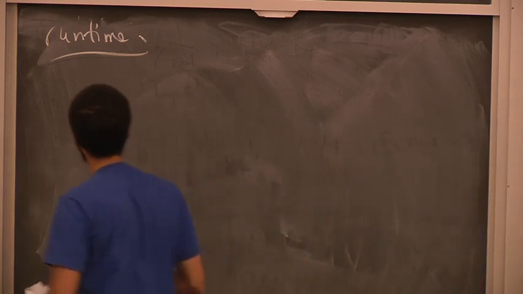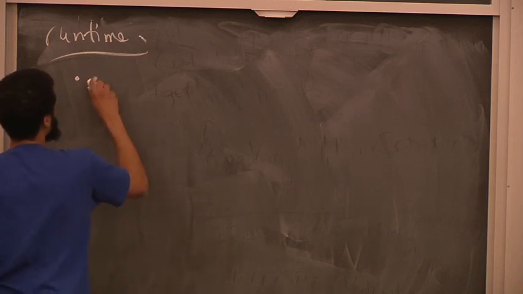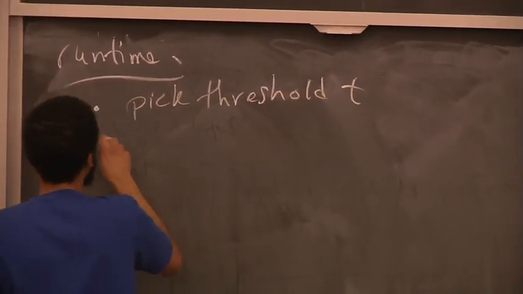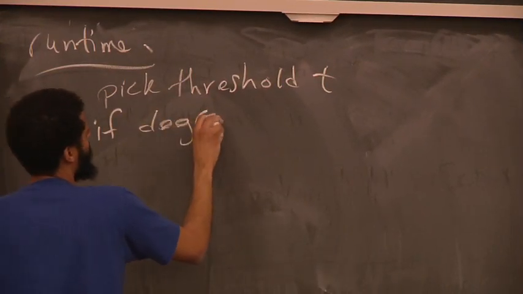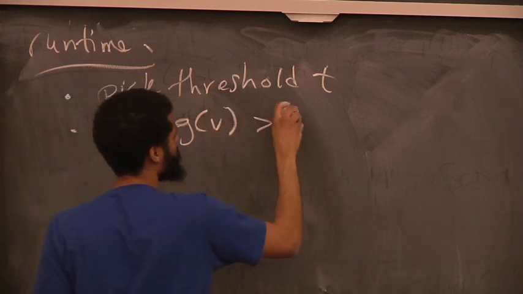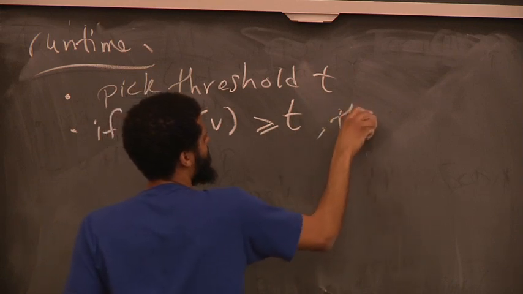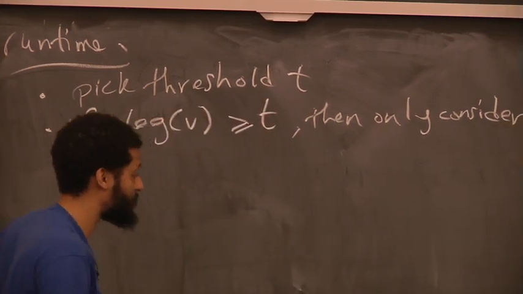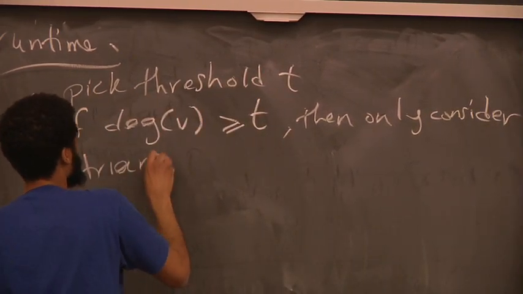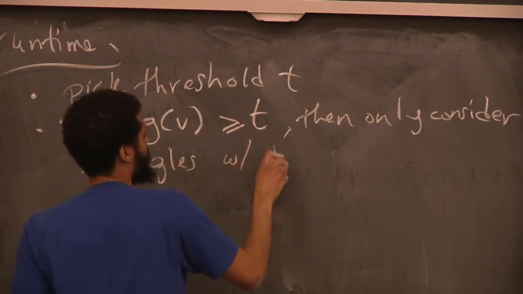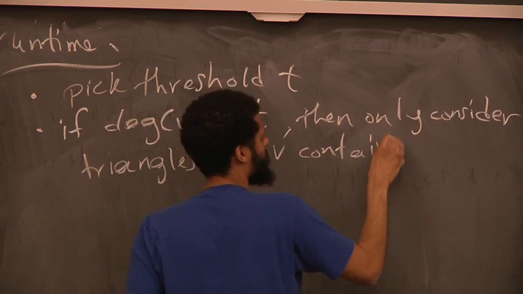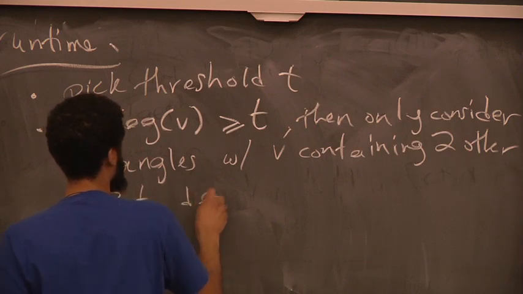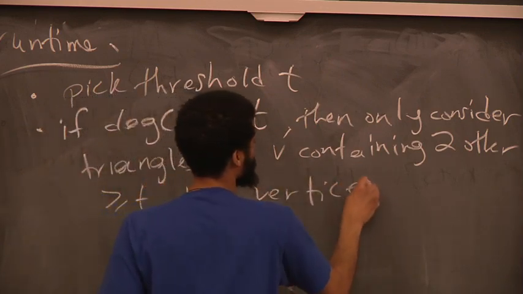So runtime, pick a threshold t. If the degree of v is at least t, then we only consider triangles with v containing 2 other greater than t degree vertices, right?